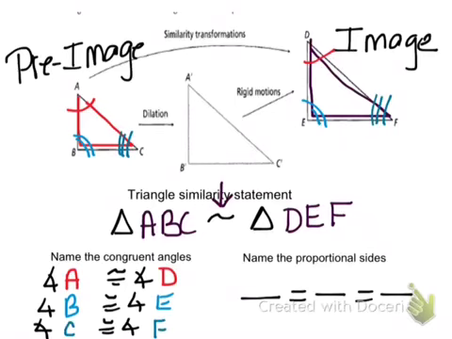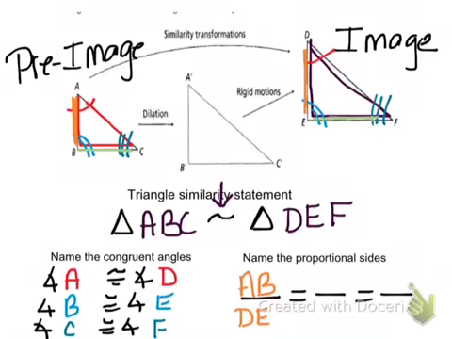I also want to name my corresponding sides. So let's start with side AB. Side AB is corresponding to side DE. So I put my pre-image in my numerator and I put my image in my denominator. Find another pair of corresponding sides. I could say the bottom ones, BC, is corresponding to EF.